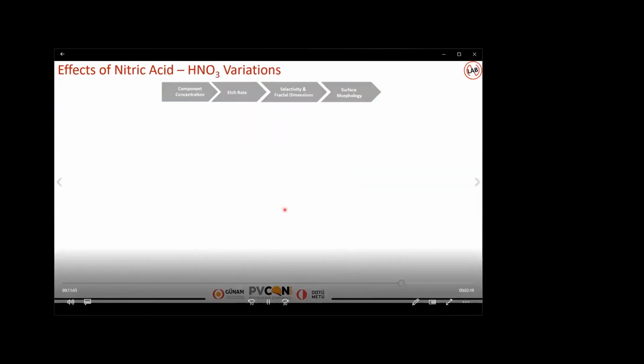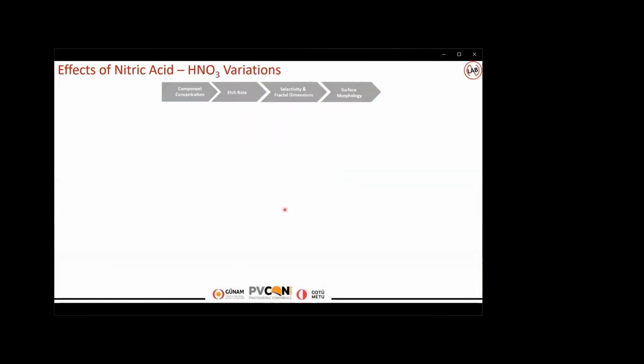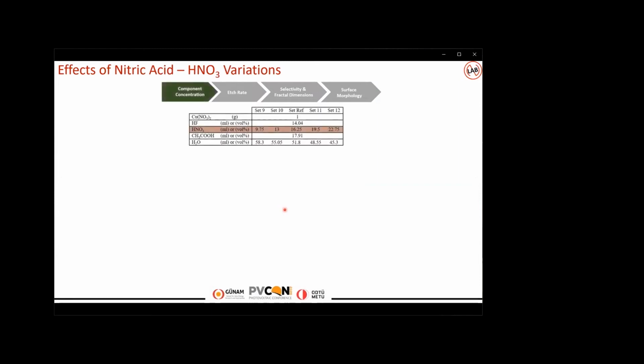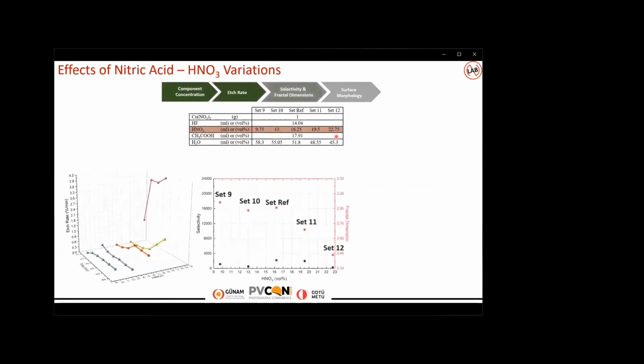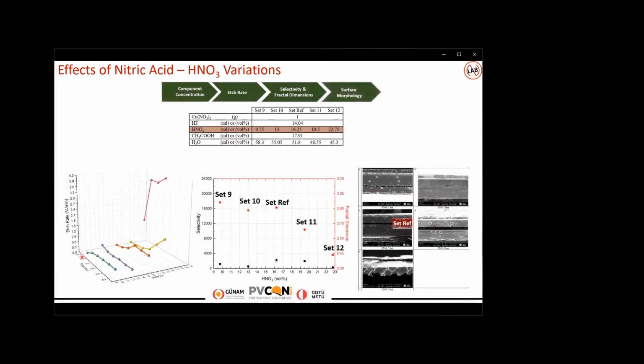Here is also the effect of nitric acid variation. We also change the nitric acid concentration in these sets, and as you can see in these graphs, both the etch rate and the selectivity increase with increasing nitric acid concentration.